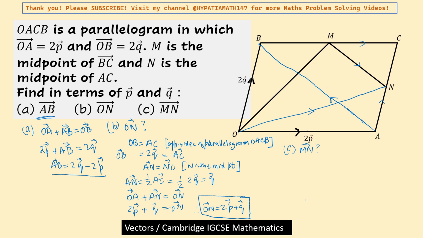Now we know that vector OA would equal vector BC because OA equals BC, opposite sides of a parallelogram.